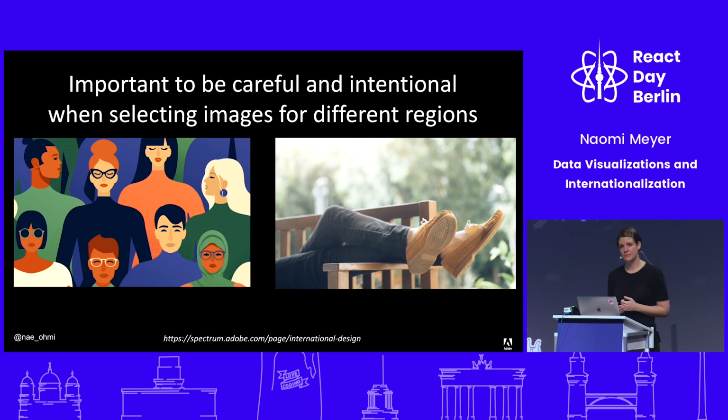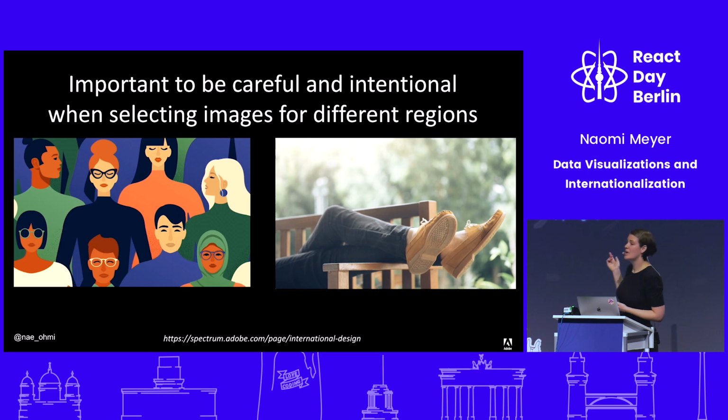So these are examples from Adobe's design system, which is called Spectrum. This image shows pictures of people. The best advice when picking pictures that include people is to make sure that those people are dressed appropriately for the region, and to remember that the definition of what is appropriate dress can really vary across regions.